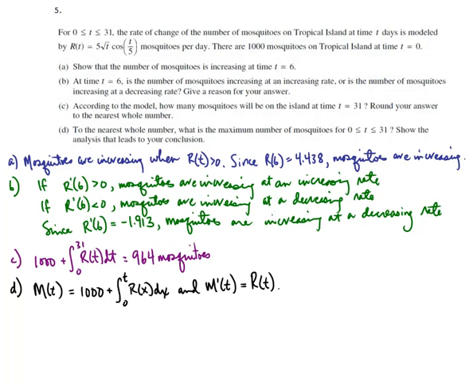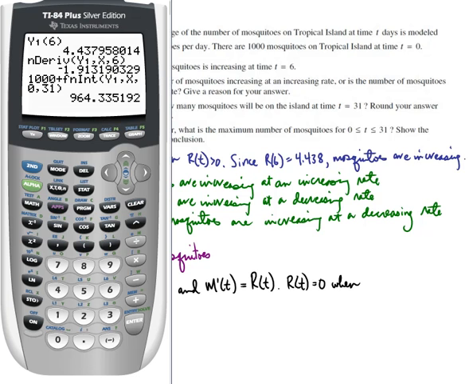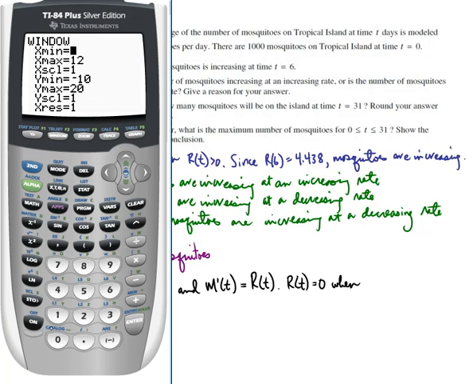To find the critical values, we want to find where r of t is 0. And to do that, we're going to bring back the calculator and set up our window this time, going from 0 to 31 by 1, and then negative 20 to positive 20 should be fine.